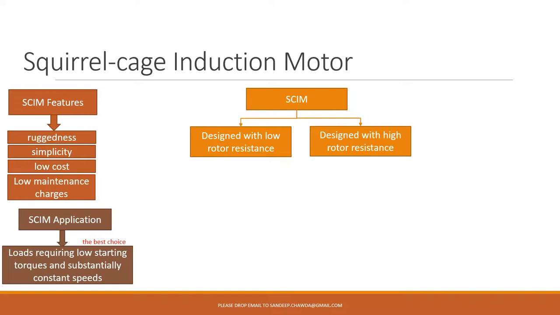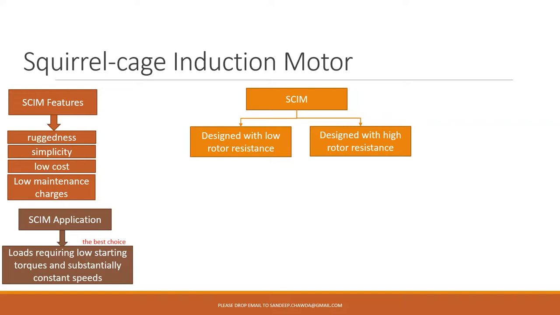In case of slip ring induction motor or wound rotor induction motor, we have seen that when external resistance was added, the starting torque was getting improved. In squirrel cage induction motor, external resistance cannot be added or inserted, so during designing the rotor resistance is going to be fixed.